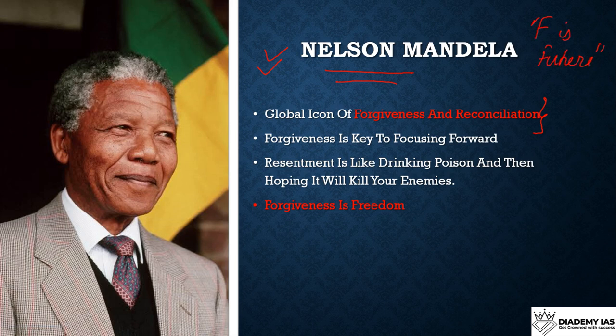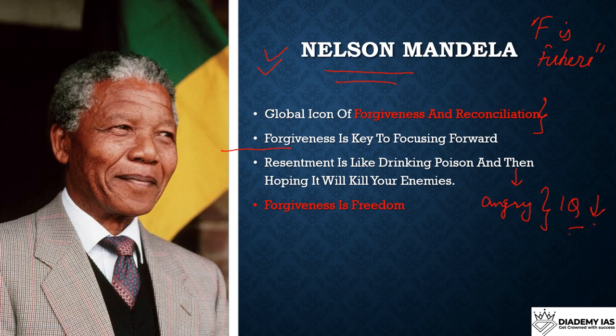You can use it as a tool in an essay also. Okay, this is the first part. Then he said that resentment is like drinking poison and then hoping it will kill your enemies. Why does this happen? Because when you're angry, this is the actual reason, you create stress hormones in your body, and Discovery Channel proved that during anger your IQ falls.